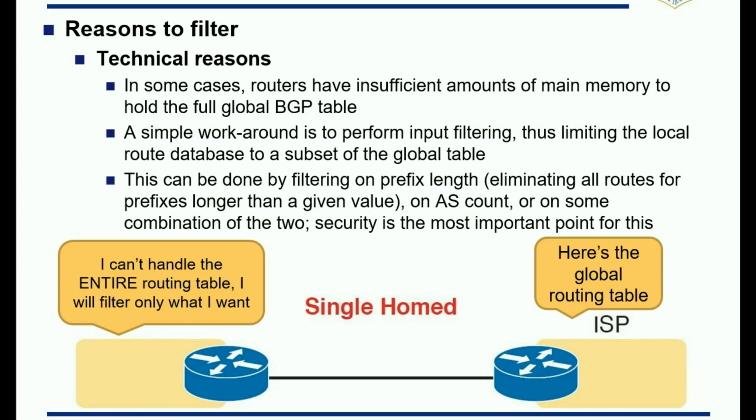First of all, I don't even think those routers can support BGP, but I was just using that as an example. But even if you have a 2900 series, maybe even a 7200 series router, can it really support the full BGP table? Maybe or maybe not. So if your ISP is trying to advertise the entire global routing table to you and your router is not set up to handle it, you would set up a filter to only accept the routes that you need. So those are the reasons to filter and what route filtering is.